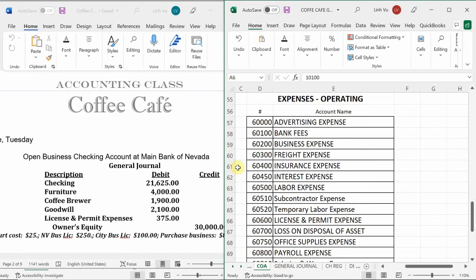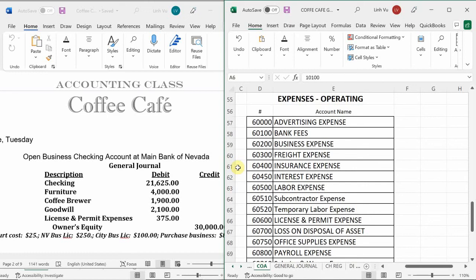It's in alphabetical order. So is it under the bank? We're not under bank, we're under expenses. Yeah, operating. So this is it, like the license, right?